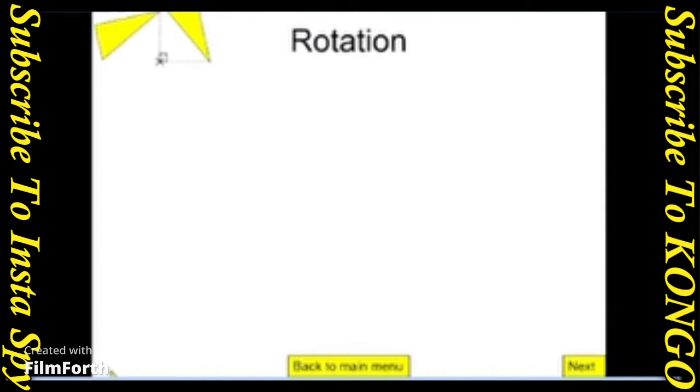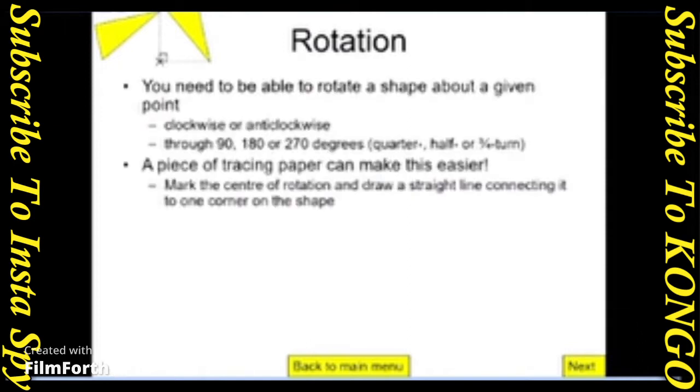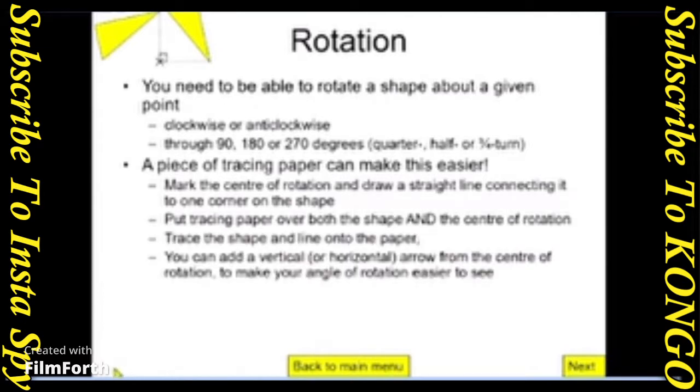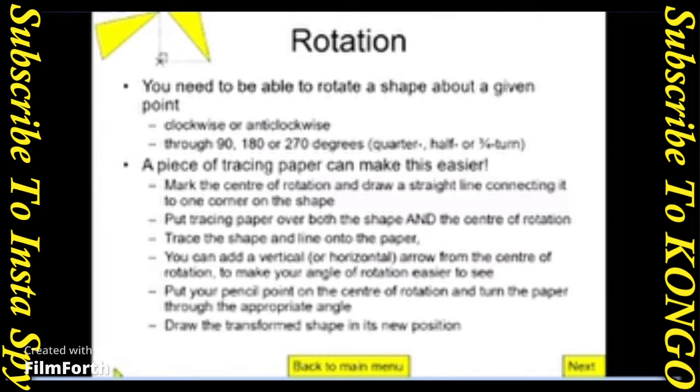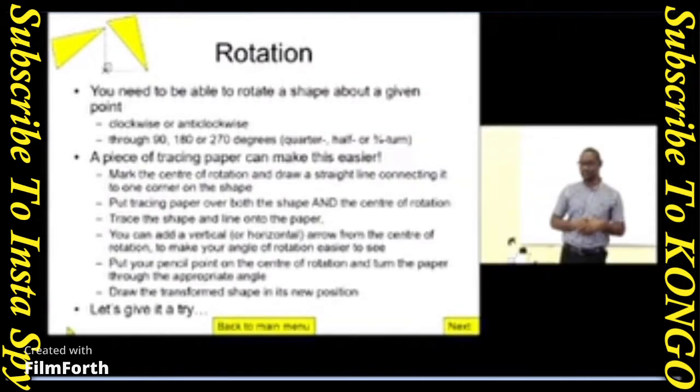Rotation is a little bit more technical, meaning that you can't necessarily estimate where the points would fall. So this is where I would encourage you to try and use the formulas to assist you.